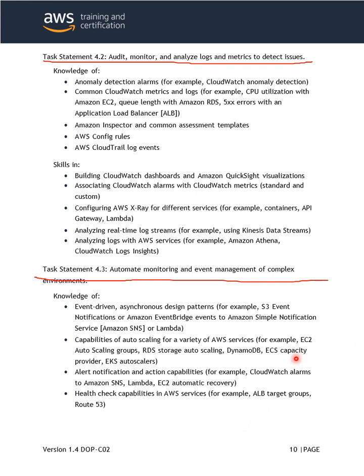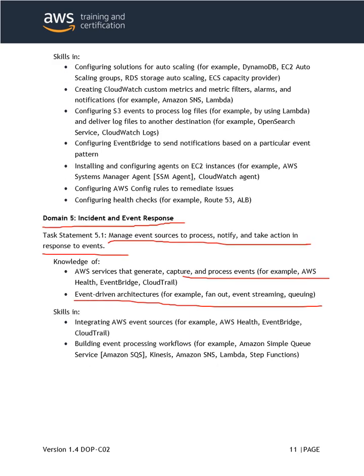You should understand how ALB target groups work, how Route 53 works. The person should have skills in DynamoDB scaling, auto scaling groups, RDS auto scaling, capacity provider, CloudWatch custom metrics, alarms, S3 events, SSM agents. You should understand all these concepts with in-depth knowledge.